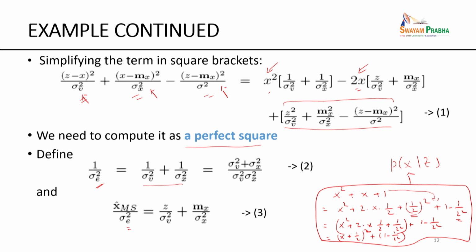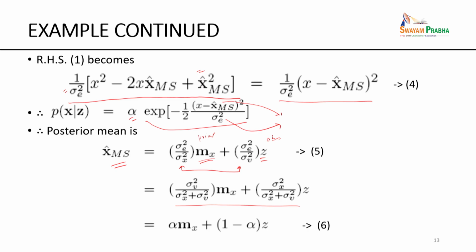So using 2 and 3, I get an expression for the estimate and its variance. The crux of the matter is to be able to express it as a perfect square. If I substitute for sigma square e and simplify, this is a linear combination of x and y.